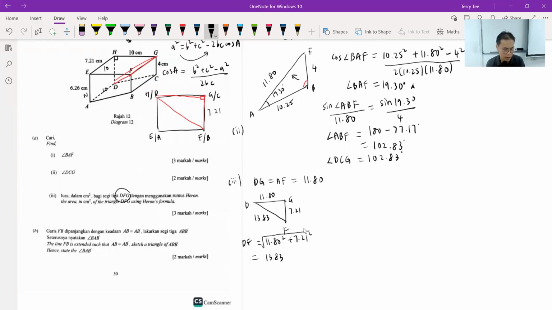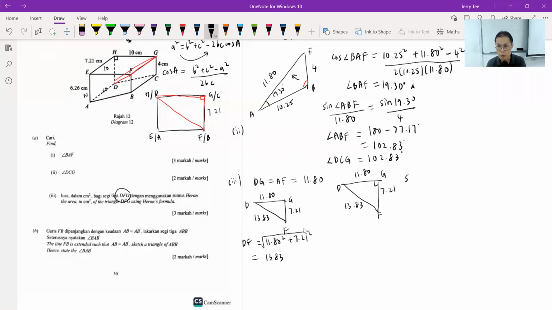So the triangle that I want to find is this triangle DFG. I know my DG, 11.8. I know my GF, 7.21. I know my DF, 13.83. Like I said, we actually don't have to use Heron's law. We can use half times base times height and we get the same answer because this is a right angle triangle.